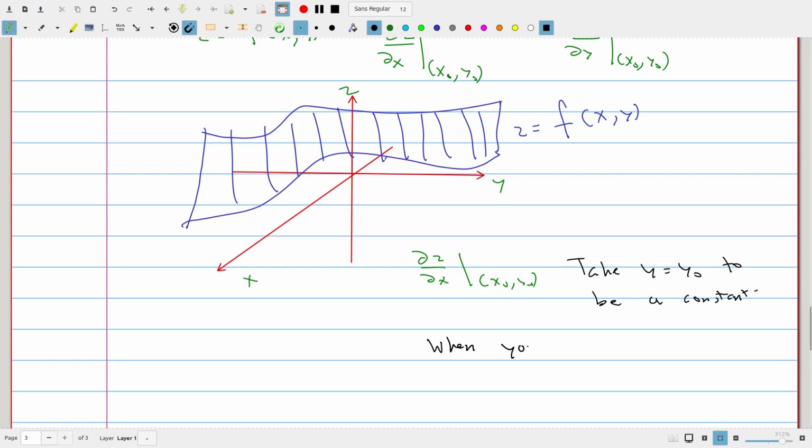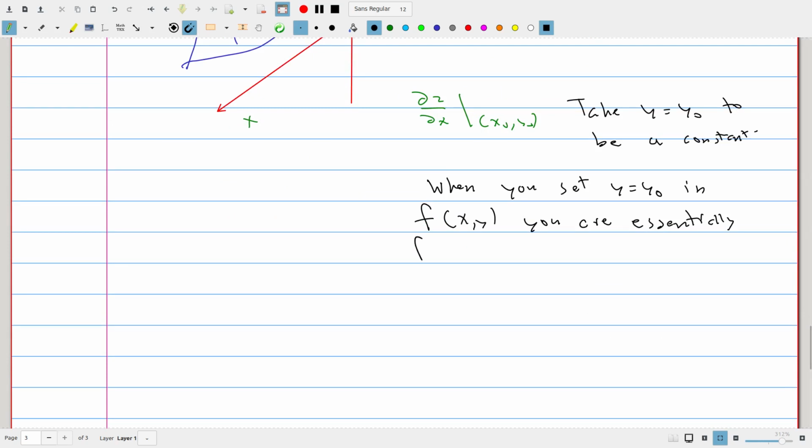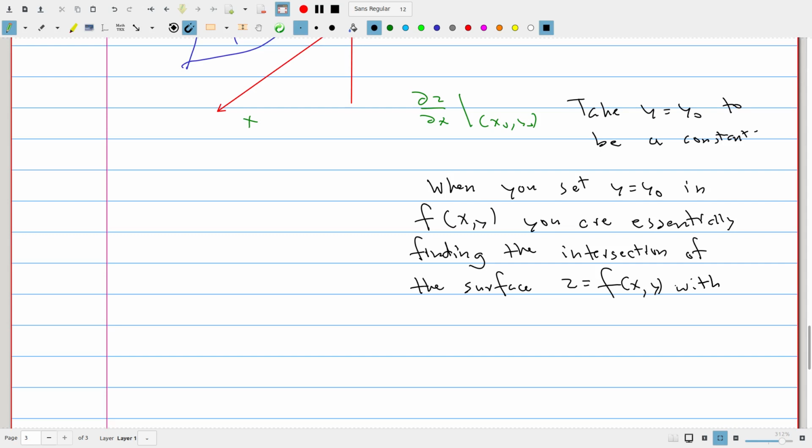So when you set y equal to y naught in f of x, y, you are essentially finding the intersection of the surface z equals f of x, y with the plane y equals y naught.